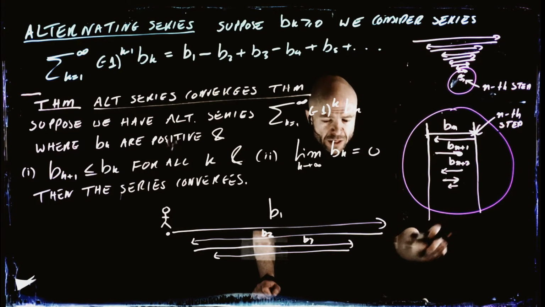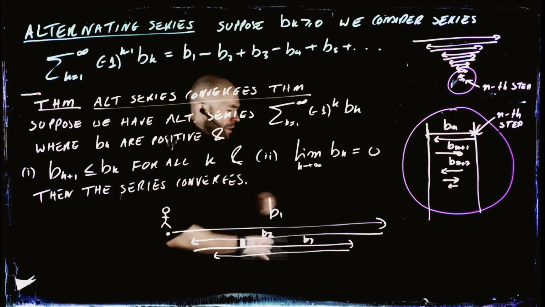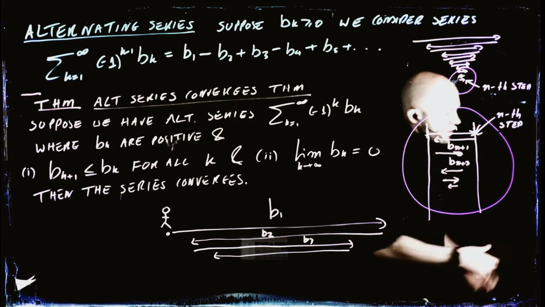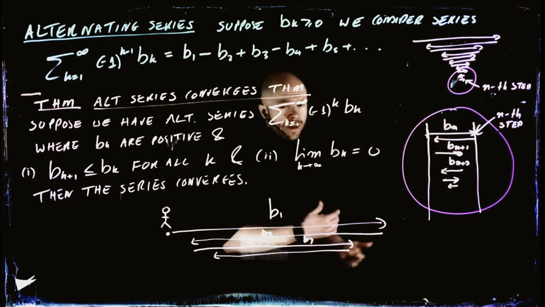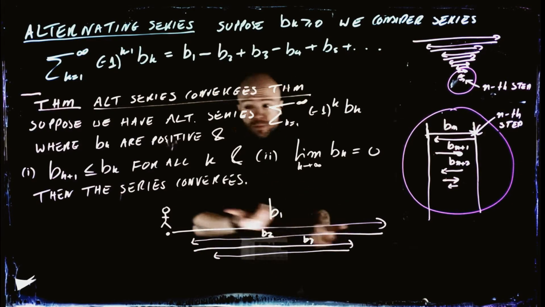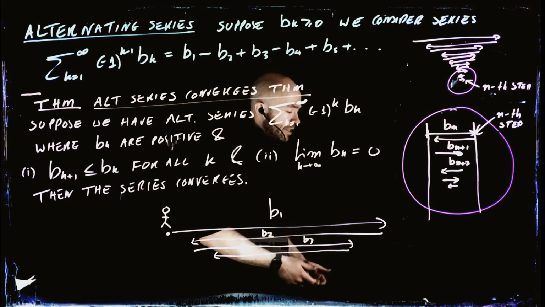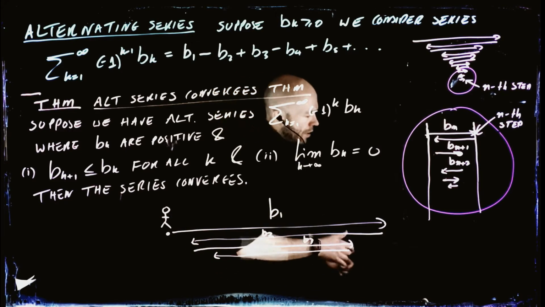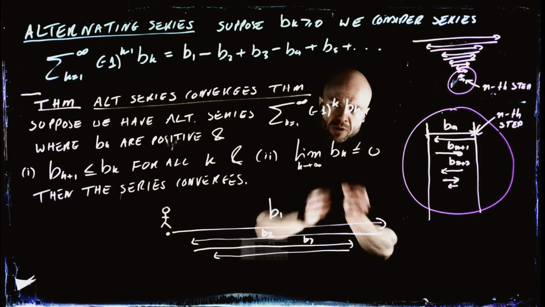Yeah? So, if this is me, and I'm this guy taking my infinite collection of steps, I take some big step forward perhaps, then a smaller step back, and a smaller step back, and a smaller step back. Yeah? And as I keep doing this over and over again, by definition of this condition, my step sizes are getting smaller and smaller, and I'm just moving forward and backward, forward, backward, but with smaller and smaller step sizes.